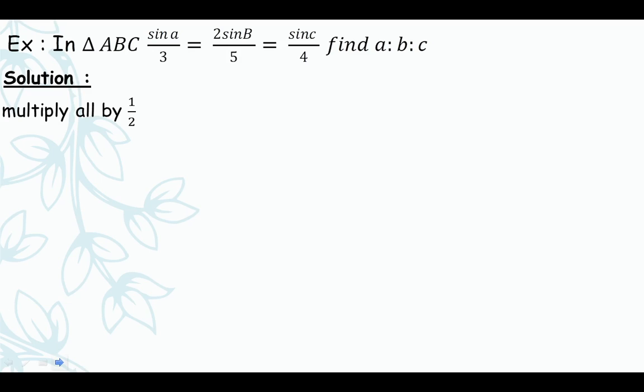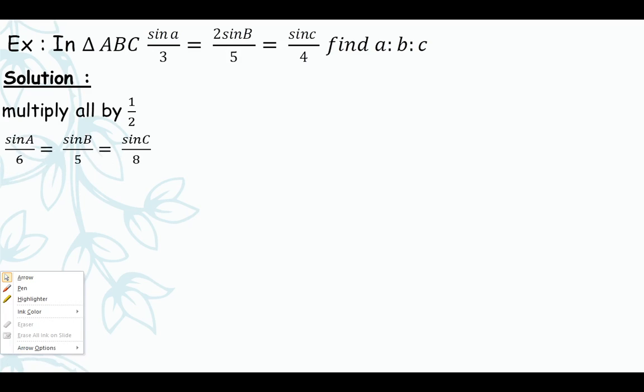To put the three ratios in the simplest form, you should multiply all of the terms of this ratio by 1 over 2 to get rid of the number 2. Then sine A over 3 multiplied by half equals 6. Sine A over 6 equals sine B over 5 equals sine C over 8.